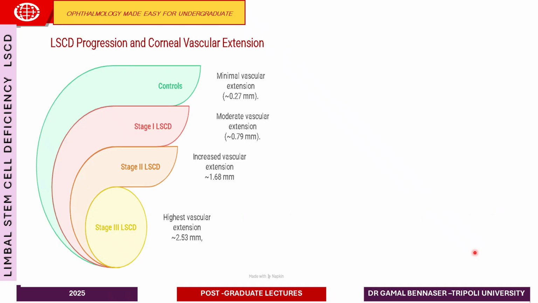So among the various metrics used to quantify limbal stem cell disease based on anterior segment OCT angio, as you can see here in this diagram, one of them is the corneal vascular extension. The corneal vascular extension refers to the extension of the blood vessels from the limbus towards the cornea. We have three grades, stage 1, stage 2, stage 3, based on the extension of the blood vessels toward the center of the cornea.